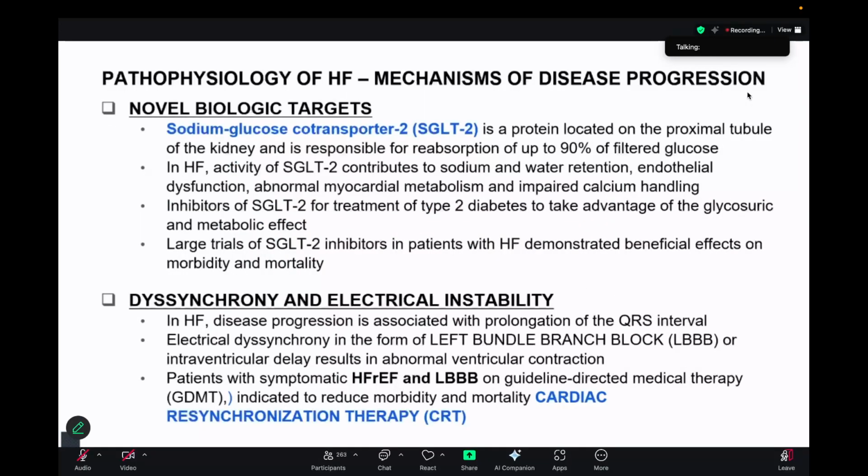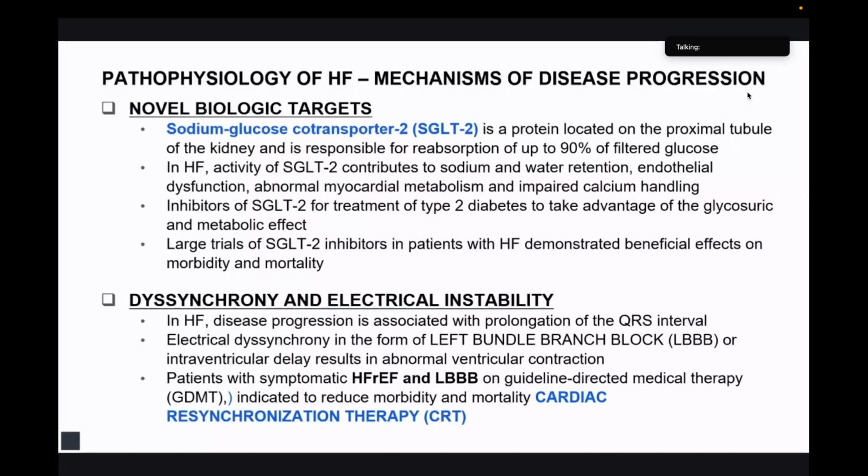So what are the other mechanisms that help disease progression in heart failure? A novel biologic target is the sodium glucose cotransporter 2, or SGLT2. This is a protein located on the proximal tubule of the kidney and is responsible for reabsorption of up to 90% of filtered glucose. In heart failure, the activity of SGLT2 results in sodium and water retention.